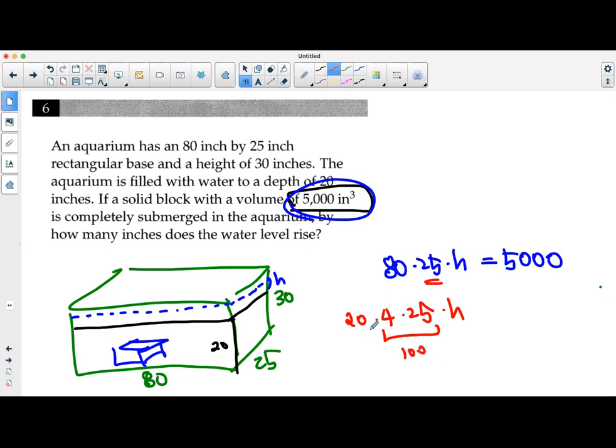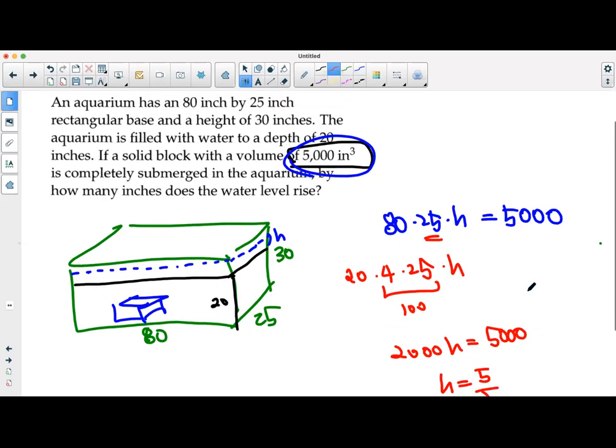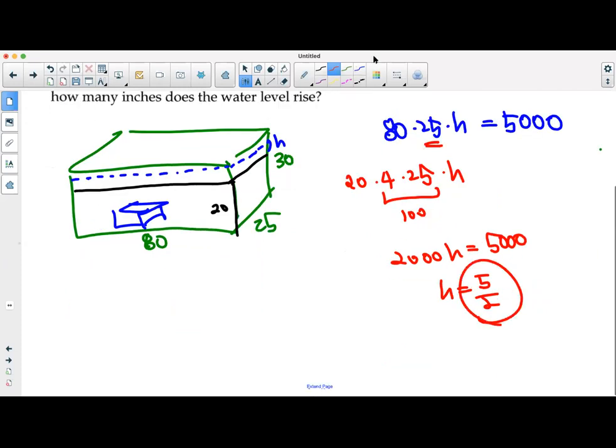Times 20 becomes 2,000. h equals 5,000. So therefore h will be 5 over 2 when you divide. So h is equal to 5 over 2 inches. That's it. Okay, got it.